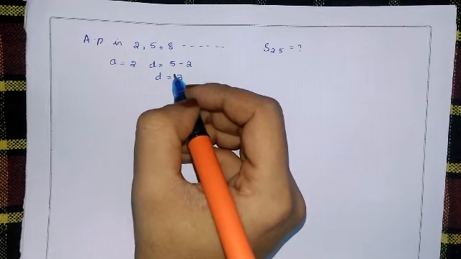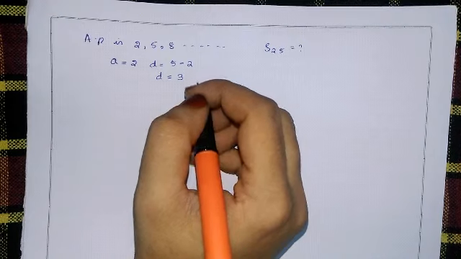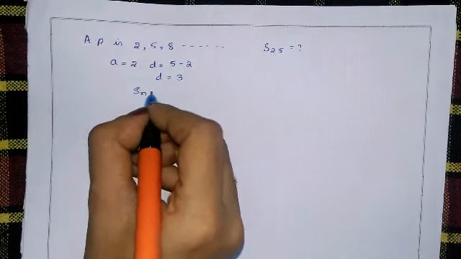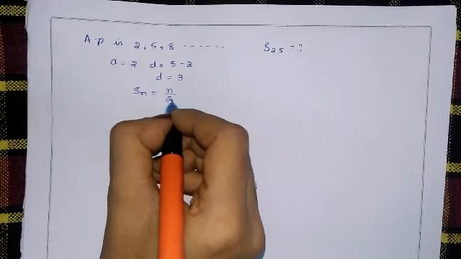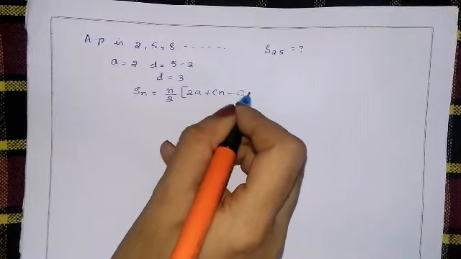Now they have told us to find the sum of 25 terms. We know the Sn formula: Sn is equal to n by 2 into 2a plus n minus 1 into d.